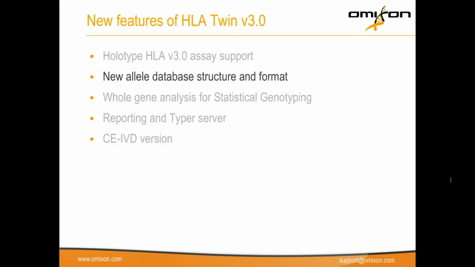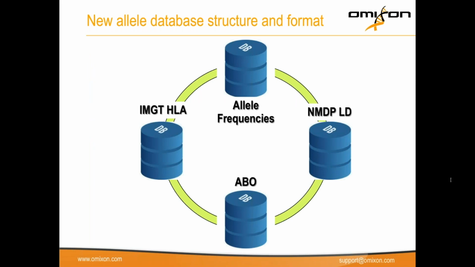With the introduction of new products, ABO and MIC-A genotyping kits, we had to restructure the allele database, so I will explain to you why you need to install the updated IMGT database format if you upgrade from the previous HLA Twin versions. HLA Twin works with many different databases. The IMGT HLA database, allele frequencies database, and NMDT linkage disequilibrium database.